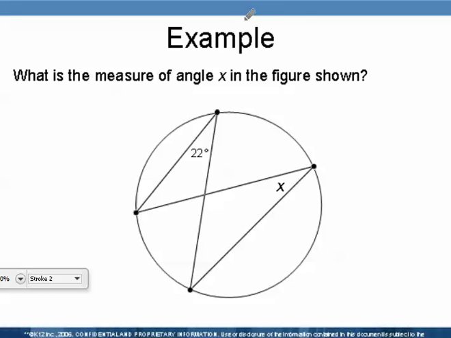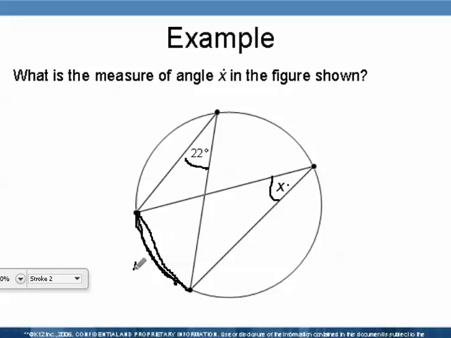Okay? So looking at this one, they're asking, what's the measure of angle X? Right here, X. We want to find the measure of this angle. Well, I'm noticing that this arc out here that I just drew on the screen is inscribed by this angle over here that's 22 degrees.